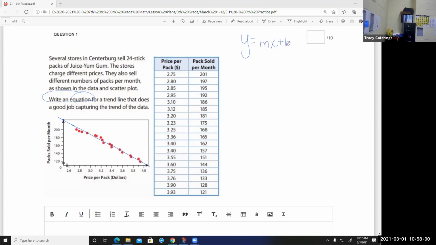Which one can we easily identify on the graph, m or b? Good job. What is the y-intercept of this graph? It looks like it's at the top. They're counting by 10, so there'll be about 10 and then another 10.